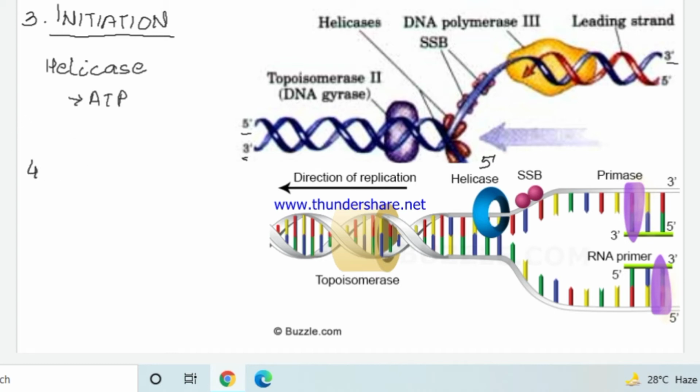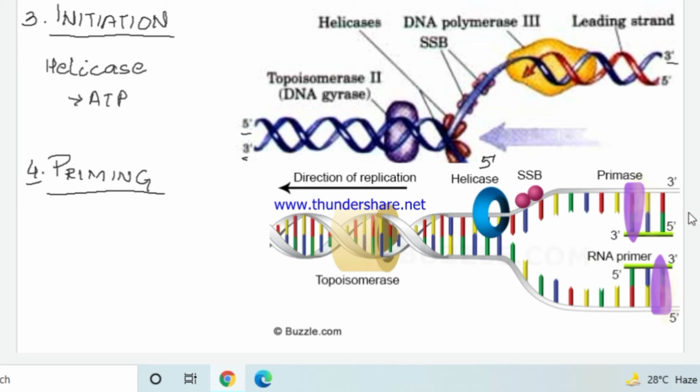The step 4 is priming. So what is priming? Priming is when the replication fork is exposed. See, the two helices are separated in the frontal portion and they are still wound in the lateral portion, and this forms a Y-shaped structure called the replication fork.